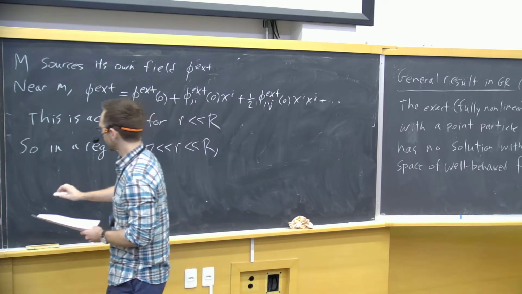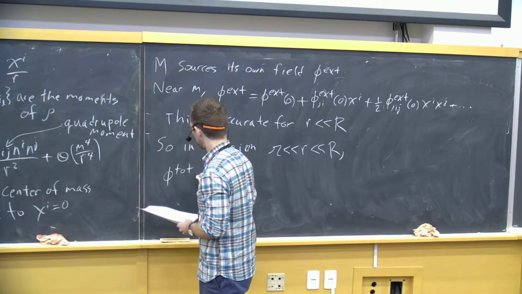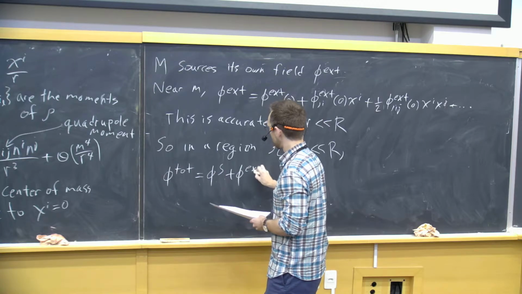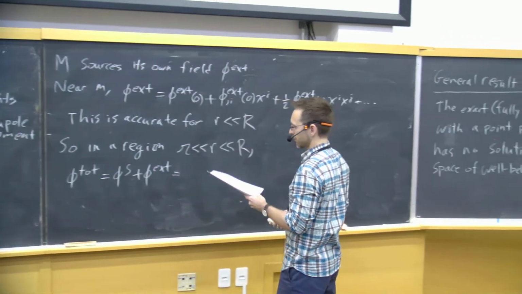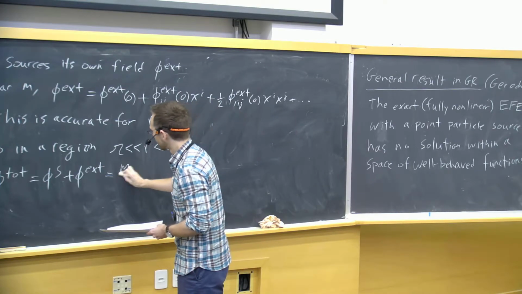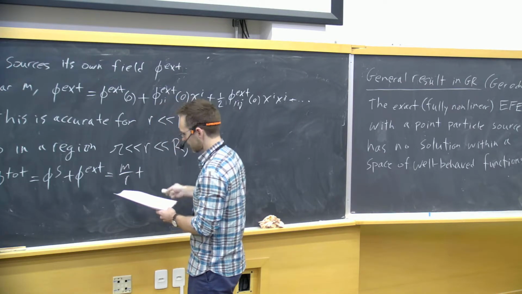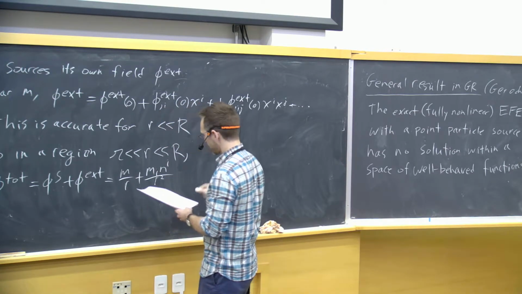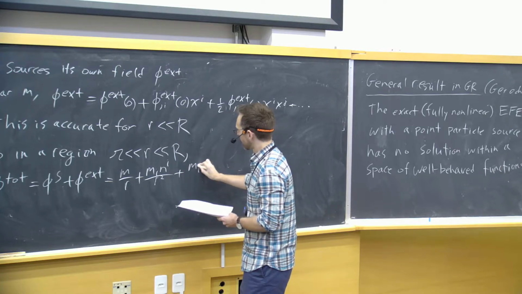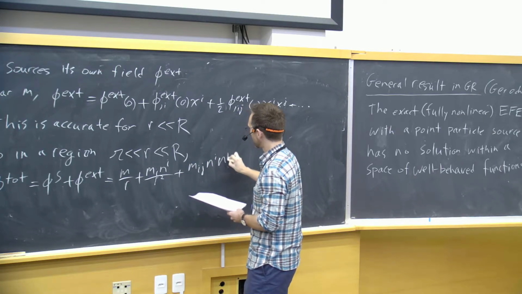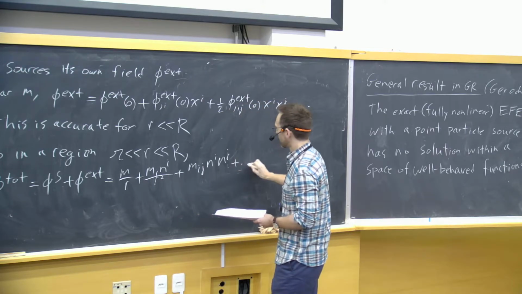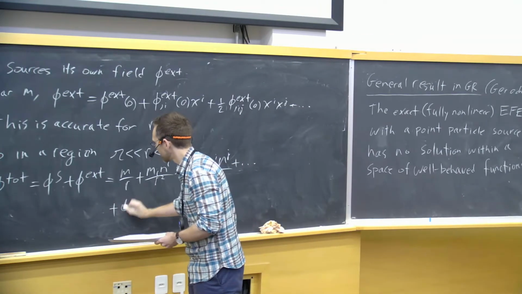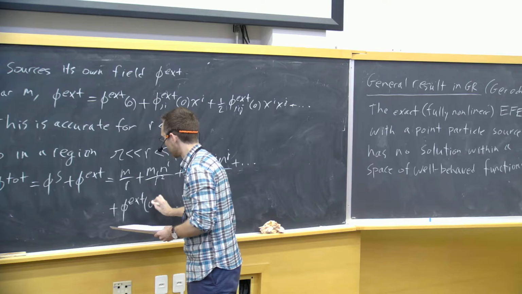So in this region, the total field, phi total, which is equal to phi s plus phi external, is the sum of these two expansions: m over r plus m_i n_i over r squared plus m_ij n_i n_j, higher order. And then we have the external field, evaluated at 0.